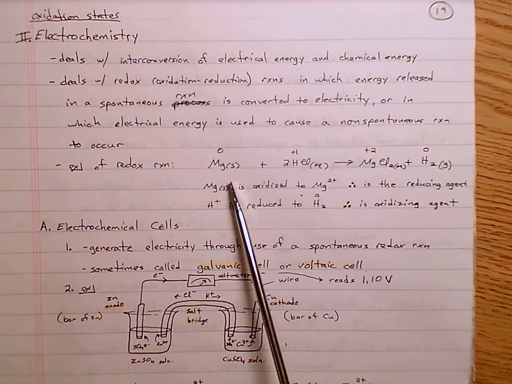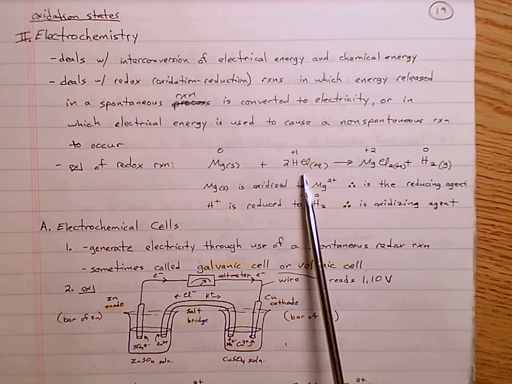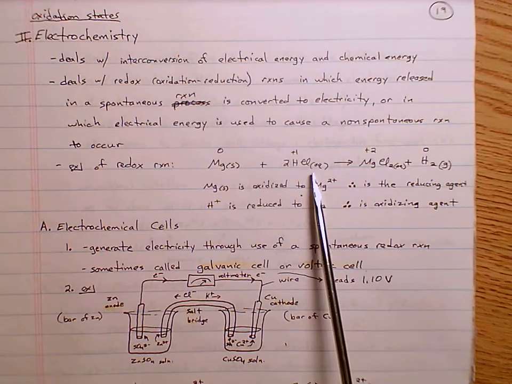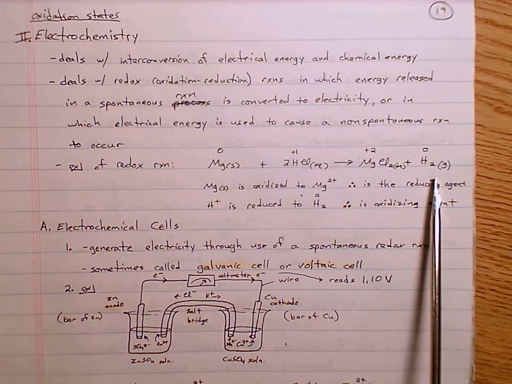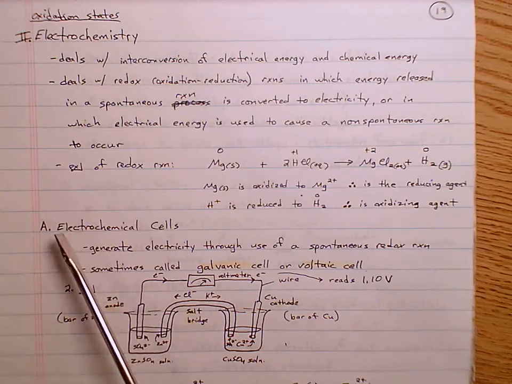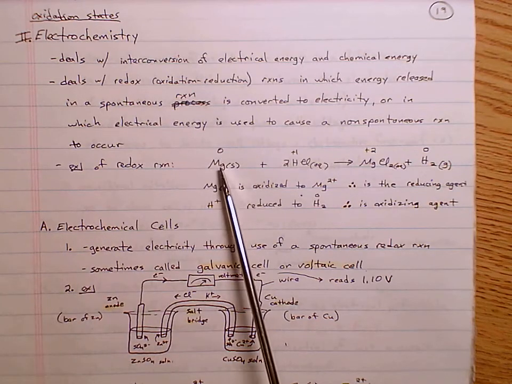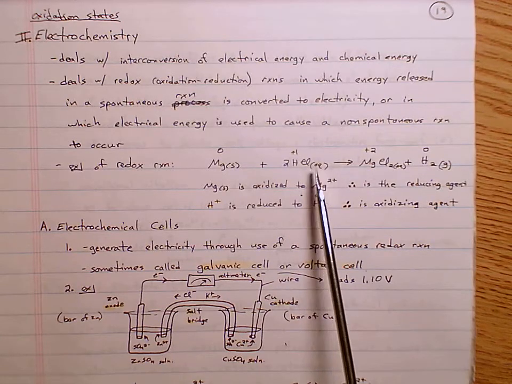If you take solid magnesium, throw in 2 equivalents of aqueous HCl, they will react together to get magnesium chloride, which is dissolved in water, and H2 gas. When we look at the oxidation states, magnesium is 0. Note our H is +1, chloride is -1.